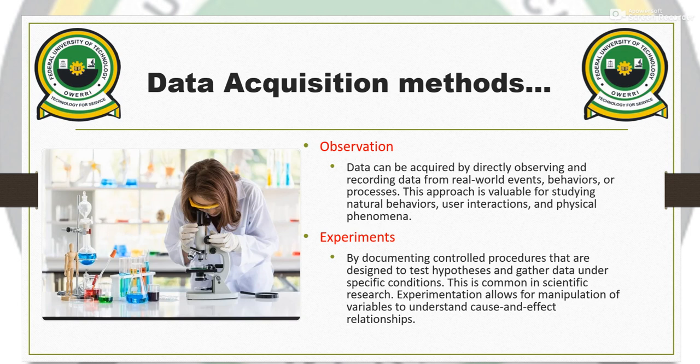Another way that you collect data is through experiments, and this is one of the things used in scientific processes. You document controlled procedures that are designed to test a hypothesis and gather data under specific conditions. This is common mostly in scientific research.